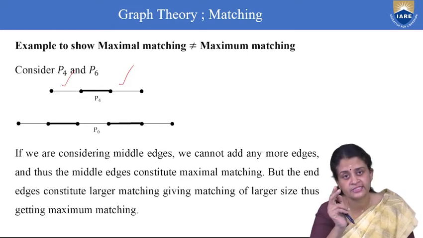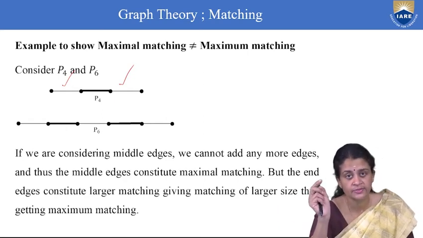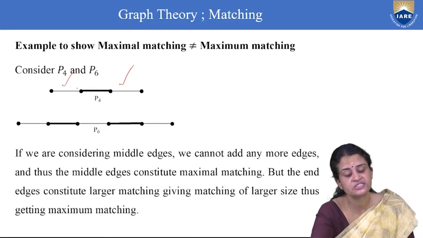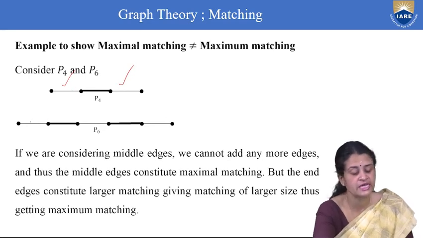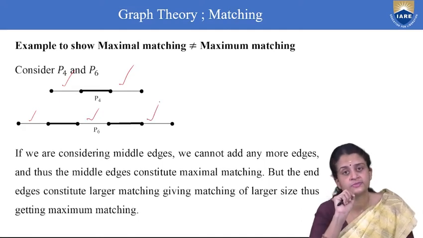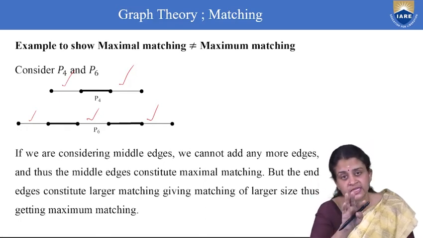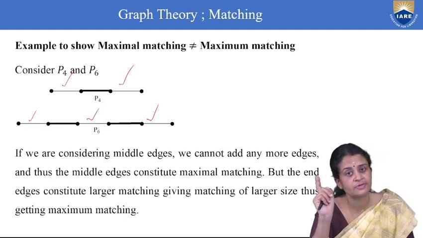It is also a maximal matching. So the maximum matching is this one, considering these end edges. Here also, if I consider the end edges, I will get 3 edges. So that is the maximum matching with the maximum number of edges, 3.